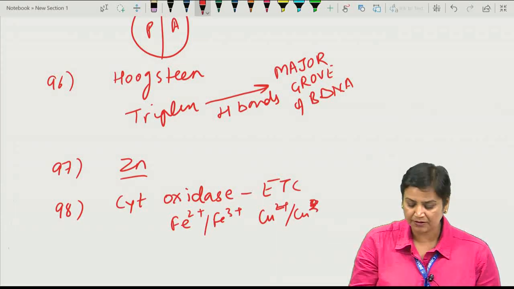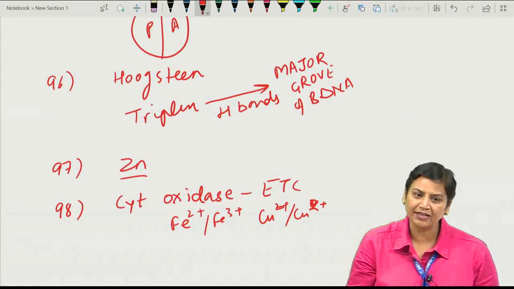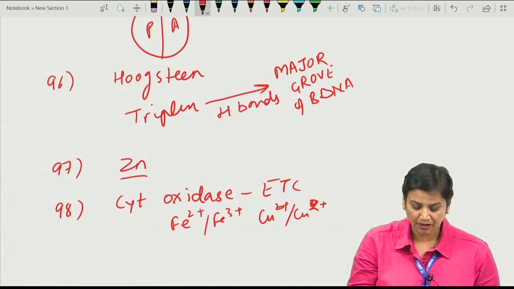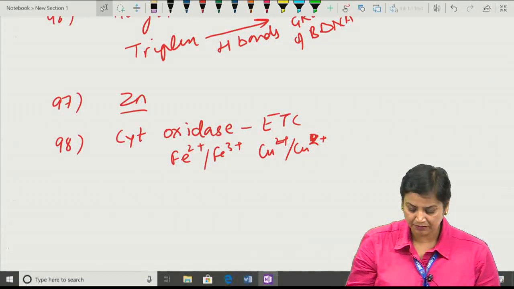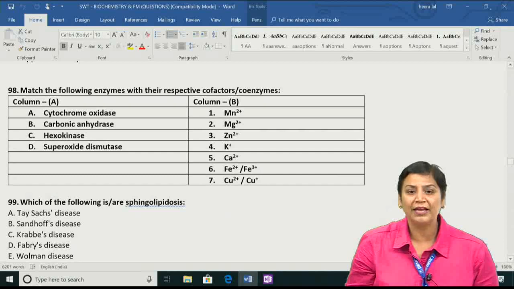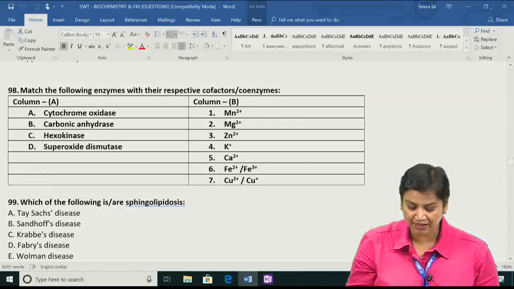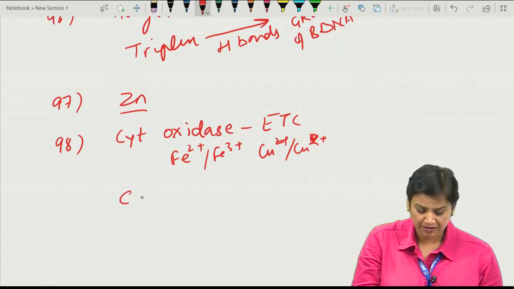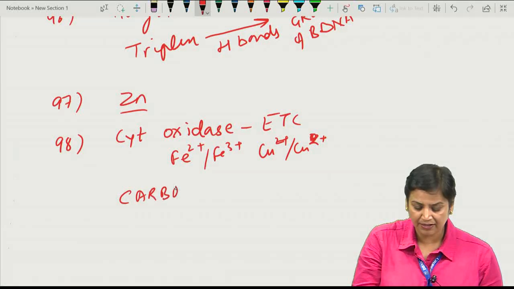Copper exists in two states, plus 1 and 2 plus. Iron exists in ferrous and ferric. Another enzyme is carbonic anhydrase. Carbonic anhydrase requires zinc.